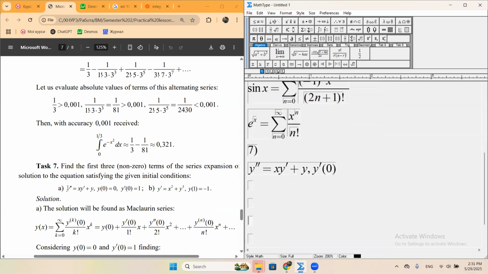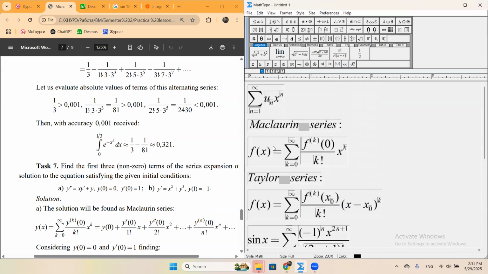There is no chance to solve it with any formula on your own, so we will use the Maclaurin series in this case. We have to find the first three non-zero terms of the series expansion.